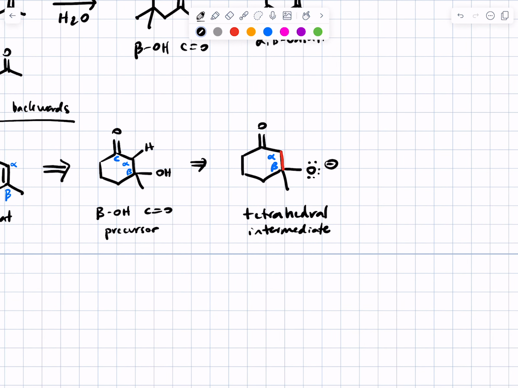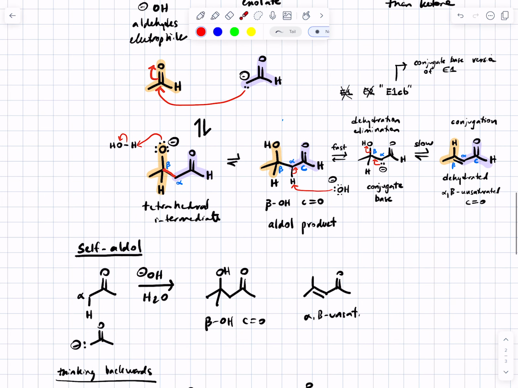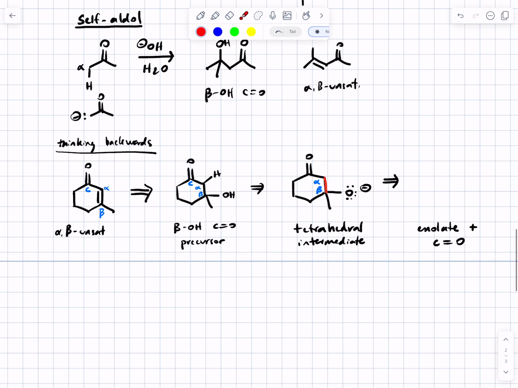And this will allow us to think backwards one more step to the stage of enolate and carbonyl compound that it attacks. Notice above in the aldol mechanism, prior to the tetrahedral intermediate, the alpha carbon was negatively charged and the beta carbon was your carbonyl electrophile.